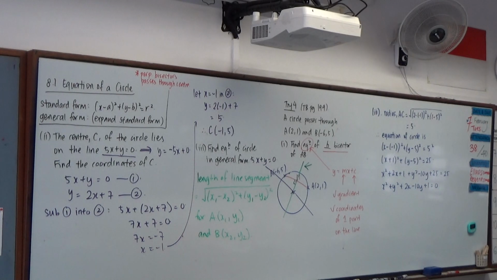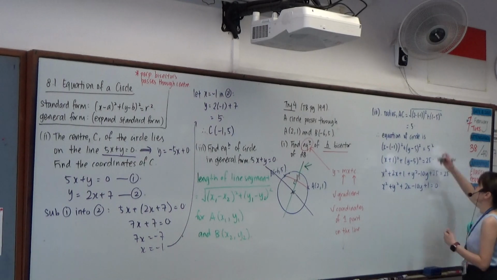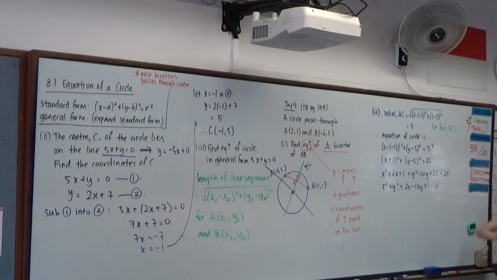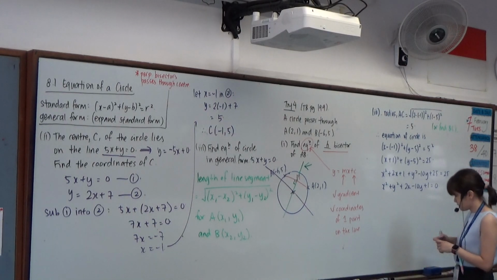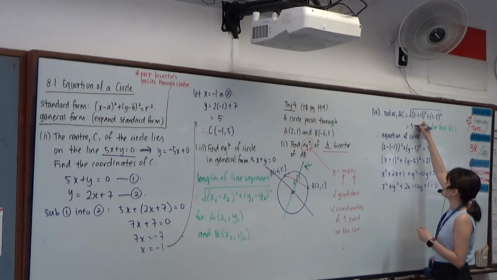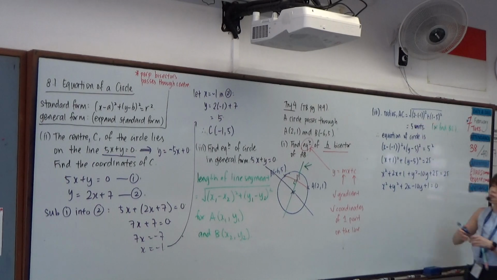Do check your answers with what I wrote on the whiteboard. You can find the radius by finding either AC or BC, up to you. But essentially the radius should be 5 units.